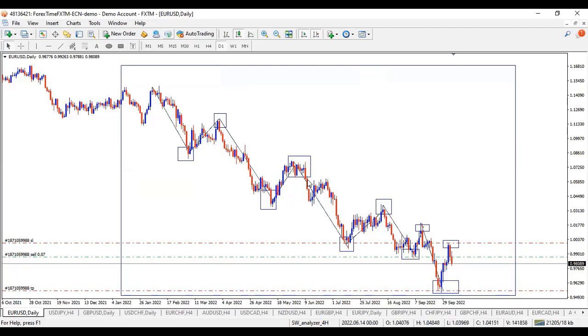We have looked at the bearish trend. And so let's look out for the bullish trend.